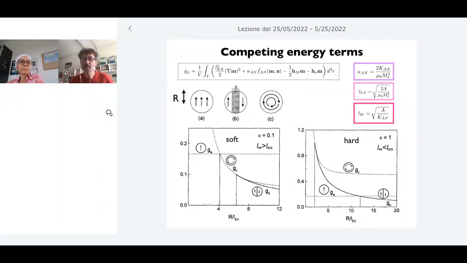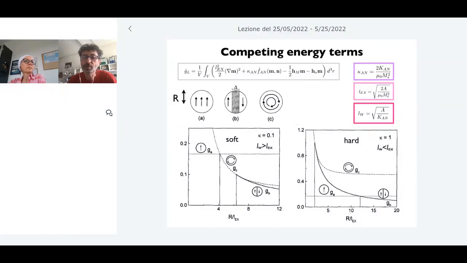Let's say this is something that you find in the book of Giorgio Bertotti. This is a very interesting test of this idea of describing the competing energy terms, and it puts in practice the idea from before.